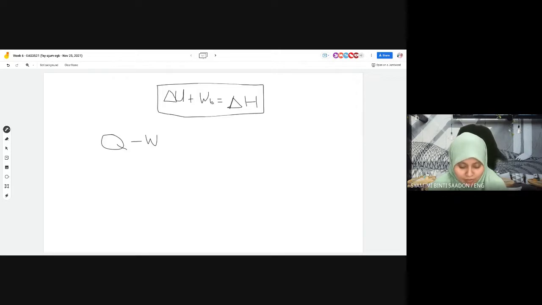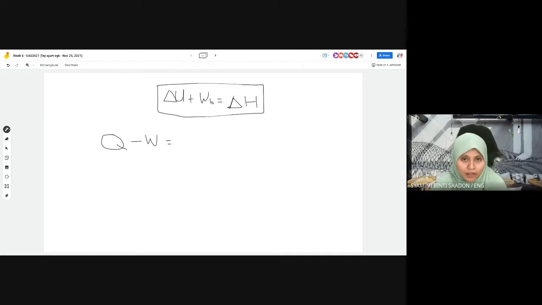First, heat transfer: Q is the heat transfer to the system, and W is the work done to the system.